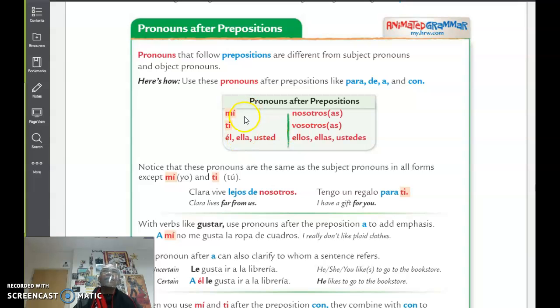So all of these, these prepositions will go first, and then you will have the pronouns after prepositions. These ones are similar to the subject pronouns. If you look at them, they're all the same, except in the yo form and in the tú form. Notice that, okay?